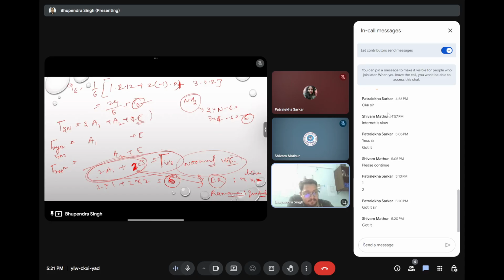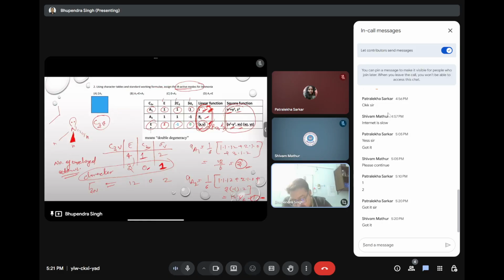For a parallel mode, it should be symmetric with respect to your principal axis. So let's say this was your x, y, and z. This was your z, C3.